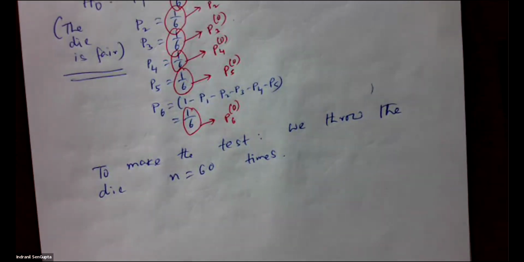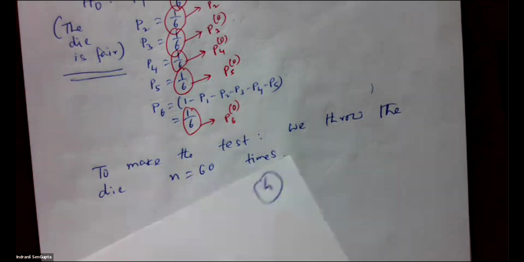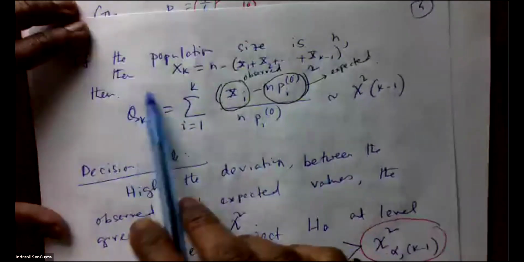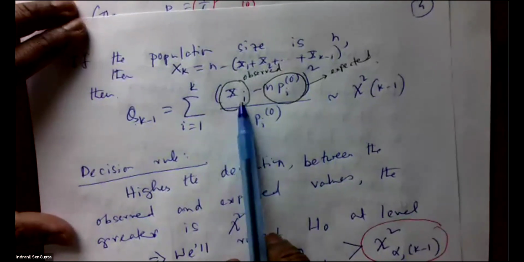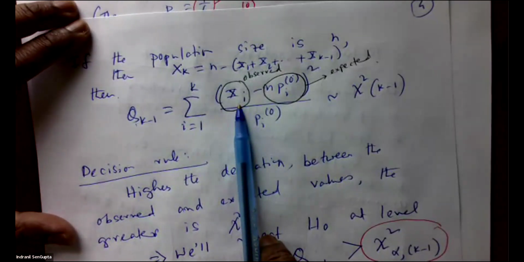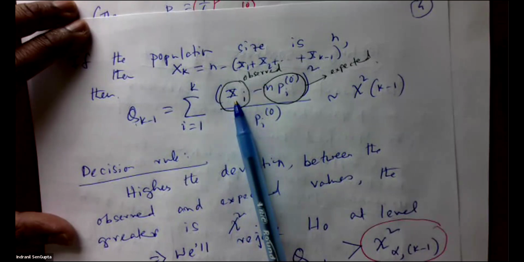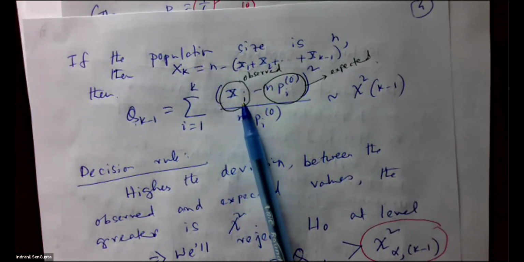Now, I'm referring back to the previous one. These numbers are something we wrote before. Here, x1 would be the number of times I observe 1 if I throw the die 60 times. X2 would be the number of times I observe 2, and so on. X6 will be the number of times I observe 6.